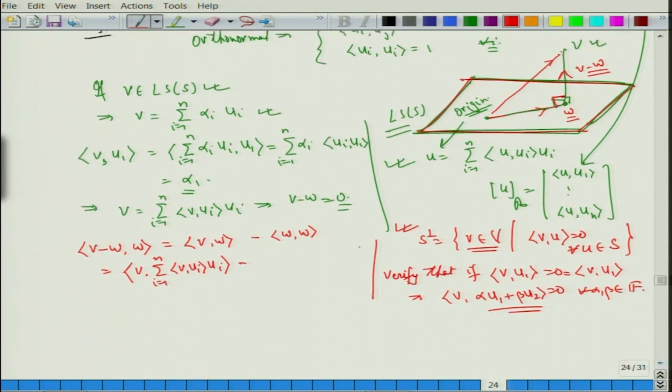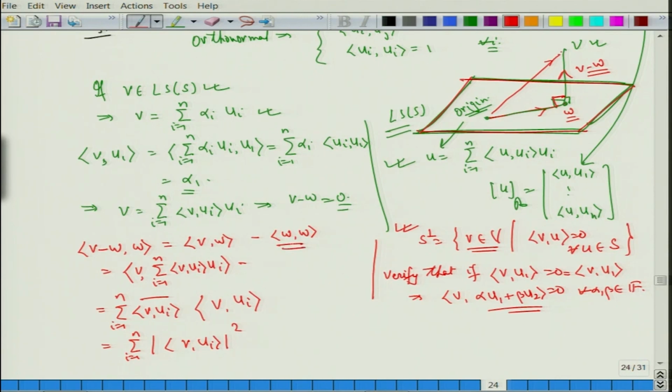I am just leaving it for the time being, we will see whether we need it or not. So, this is the same as i equal to 1 to N, V comma Ui whole perp, V comma Ui, fine, which is nothing but i going from 1 to N, the absolute value of V comma Ui whole square.